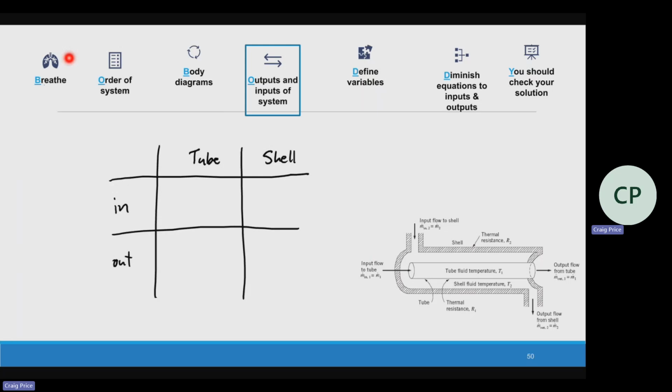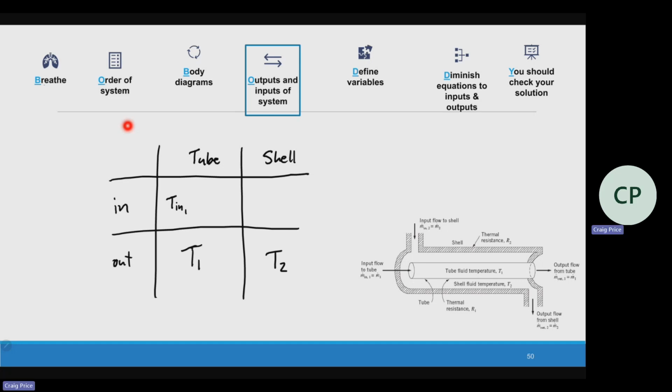What are some of the inputs affecting that? TN1. Absolutely. And what would the output be for the tube? T1. And then for the shell, the output is going to be T2. So for our equations, we're going to have a T1 dot for the first one and a T2 dot for the second one. We're seeing how the temperature changes as a function of time.